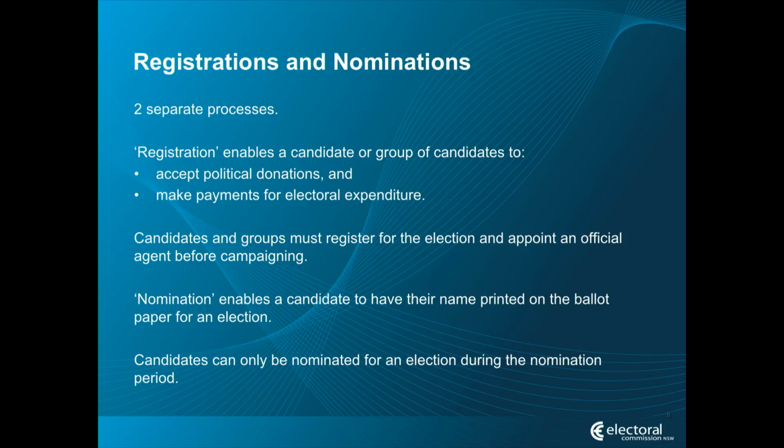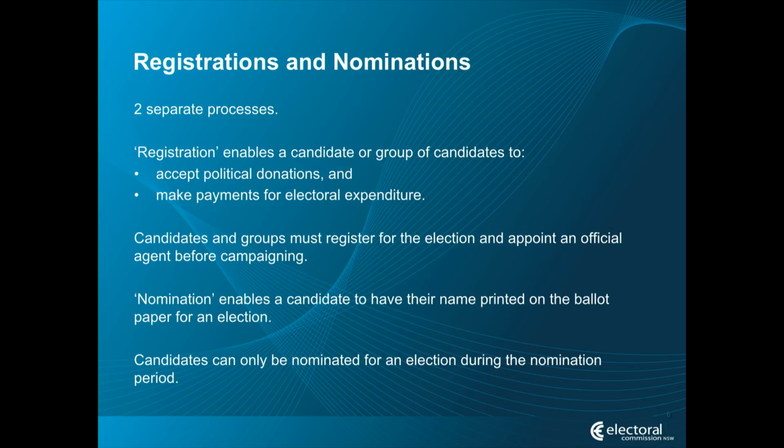Registrations and nominations. Registration and nomination are 2 separate processes. You must understand the difference between each process so that you can be eligible to run as a candidate for the election. Registration enables a candidate or group of candidates to accept political donations and make payments for electoral expenditure.